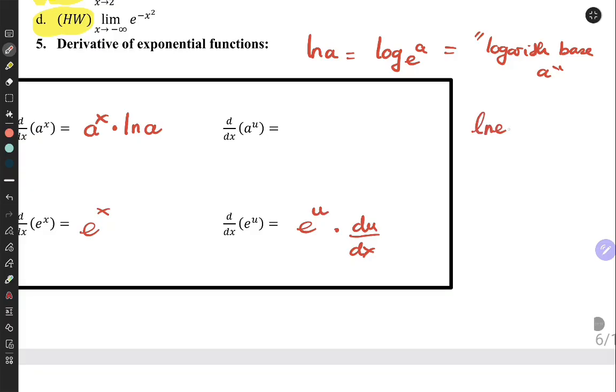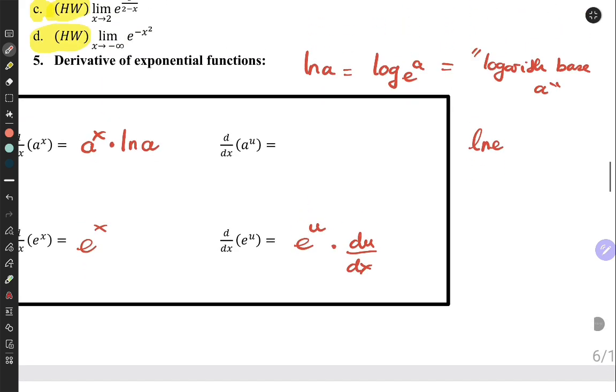Where ln of e is called natural. Now, logarithm base e, my bad, aka natural log. E is the natural number.